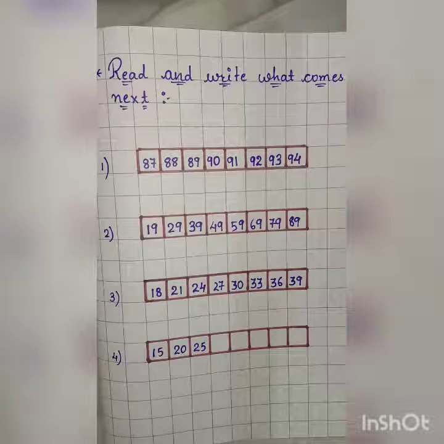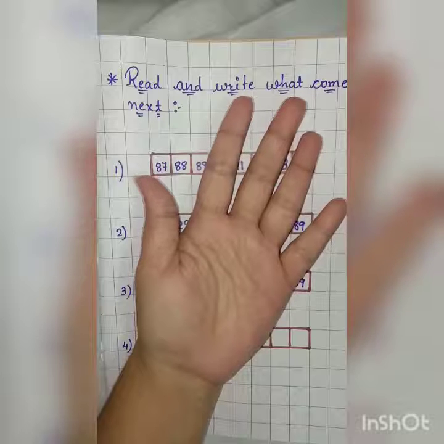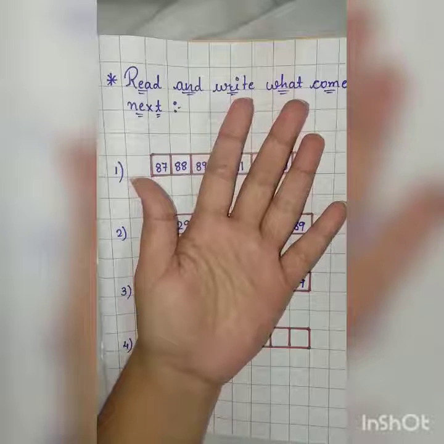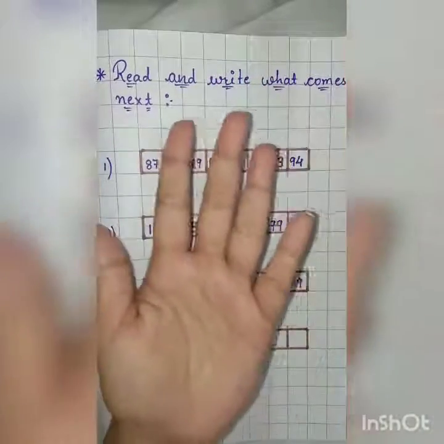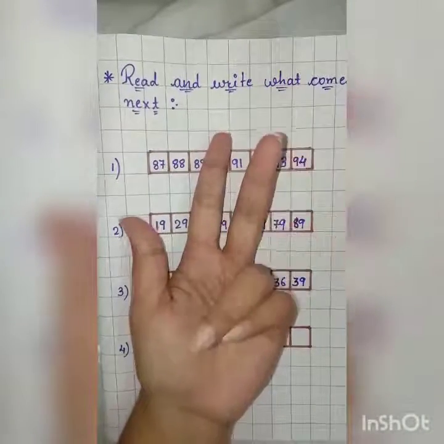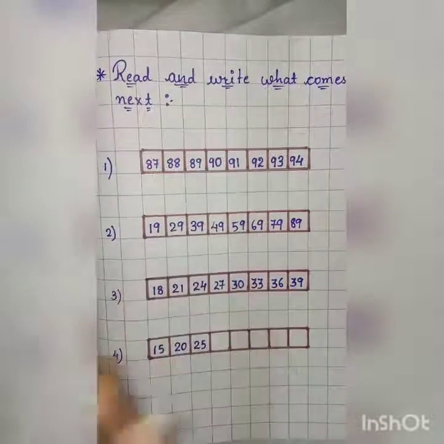First of all, we will keep 5 on our fingers and then start your forward counting from 25. 26, 27, 28, 29, 30.